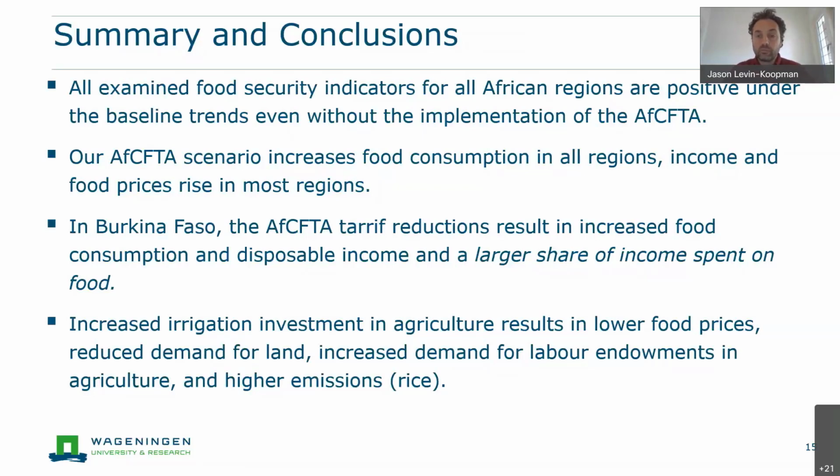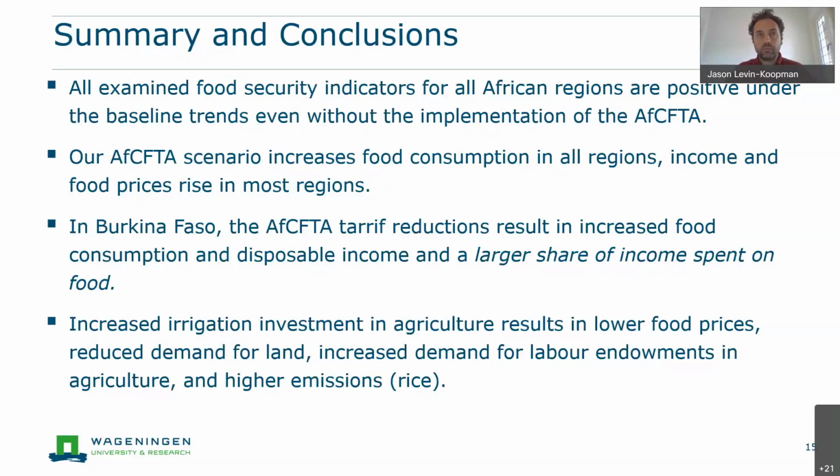And as greenhouse gas emissions come primarily from agriculture in Burkina Faso, if they're going to make a shift to a more greener economy, they have to focus further on agricultural greenhouse gas emissions, which would then, depending on how those interventions are structured, also affect food prices and producer prices. So yes, that's what I wanted to say.